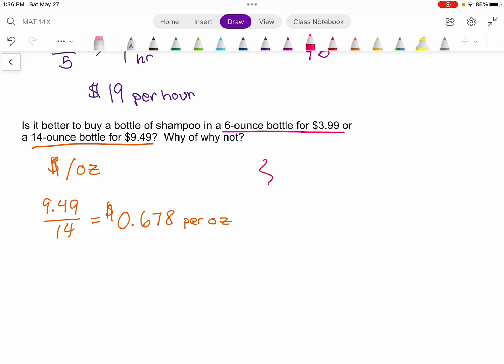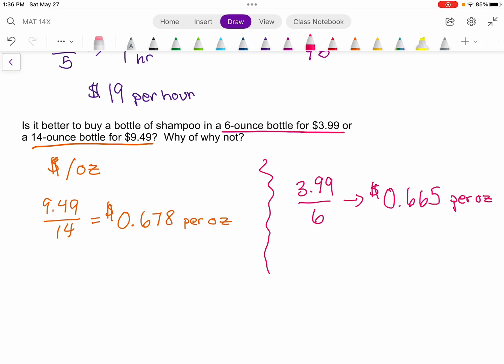Then I'm going to do the same thing for my 6-ounce bottle. I would have $3.99 per 6 ounces, and that simplifies to $0.665 per ounce. That's about 67 cents, and the other is about 68 cents.